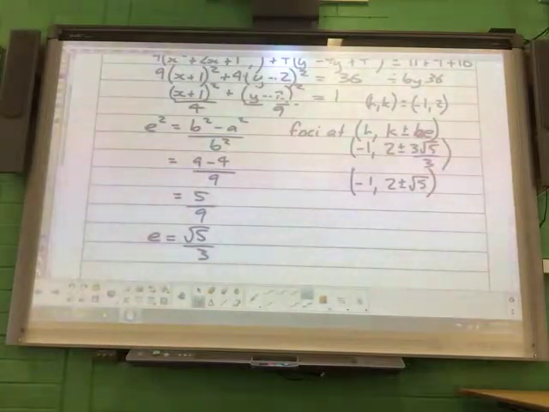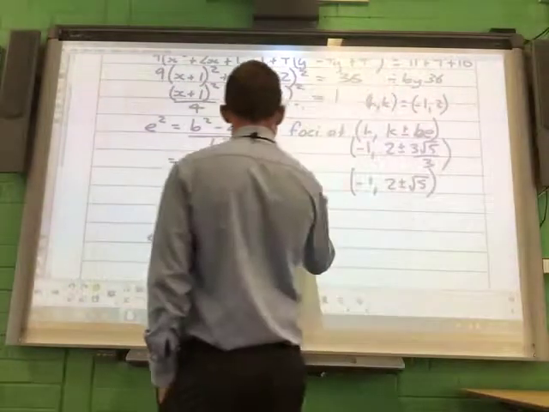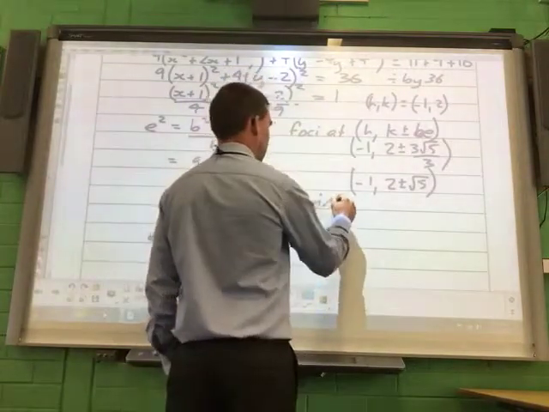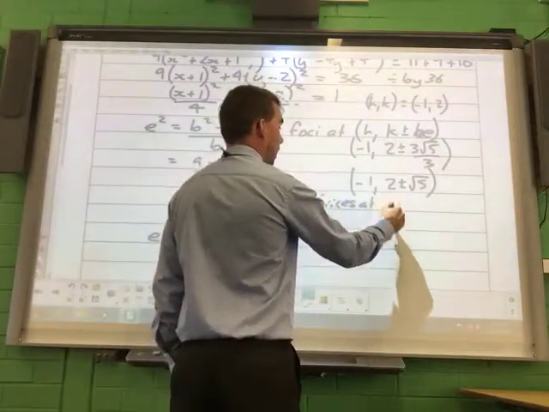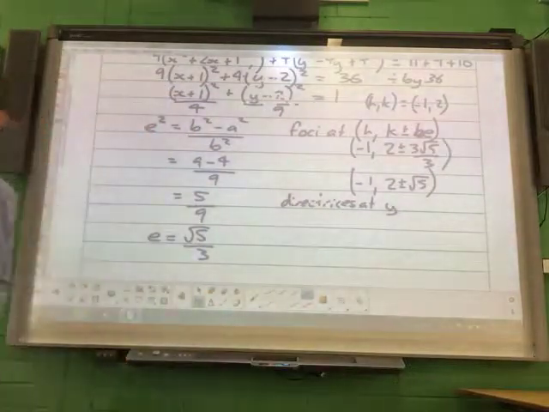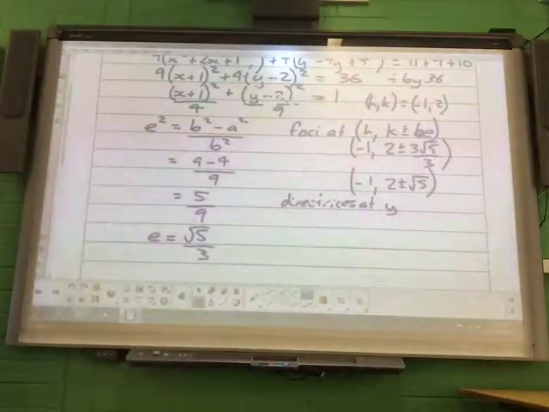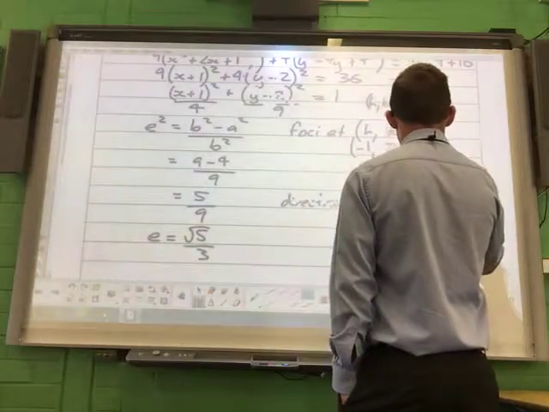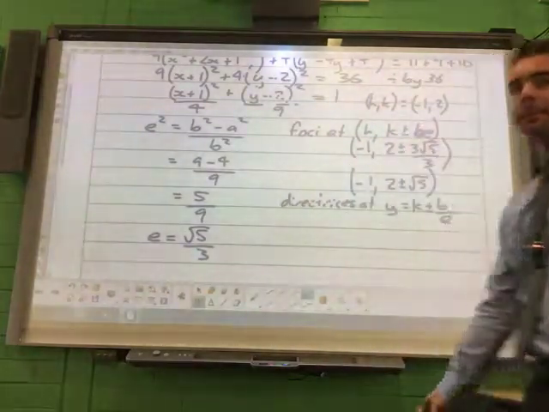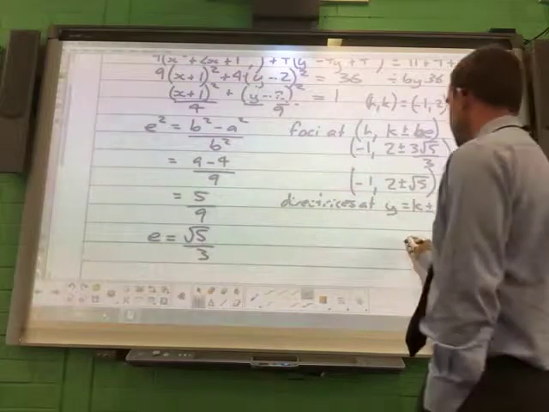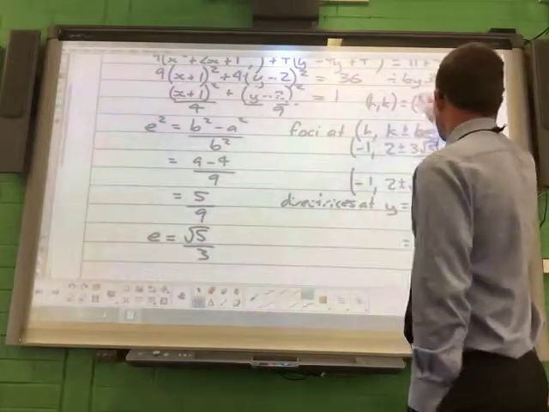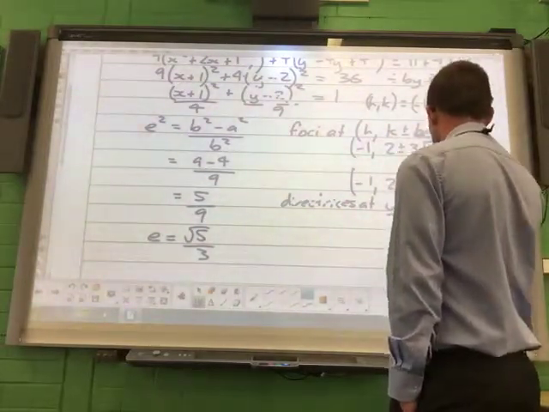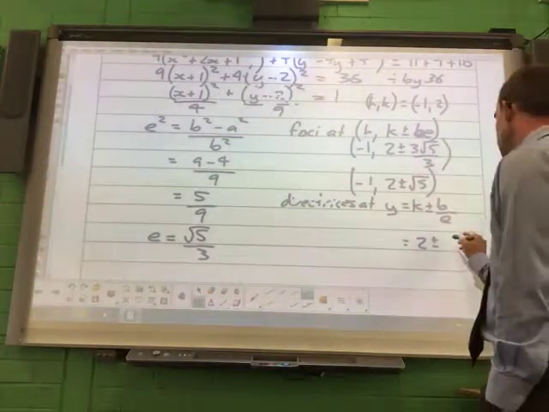Alright, directrices. So we're going to intercept the y value. It would normally be plus or minus b over e, but because the centre has shifted up 2 units, y is going to be k plus or minus b over e. So k is 2, so 2 plus or minus b over e.